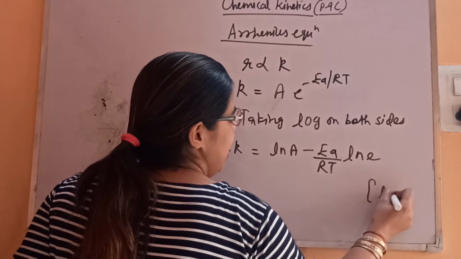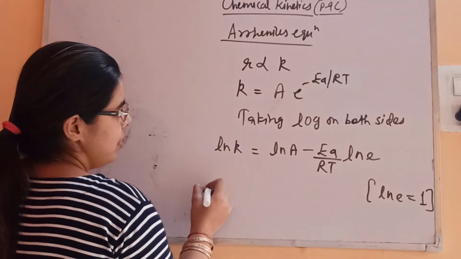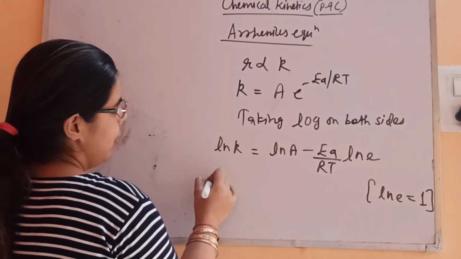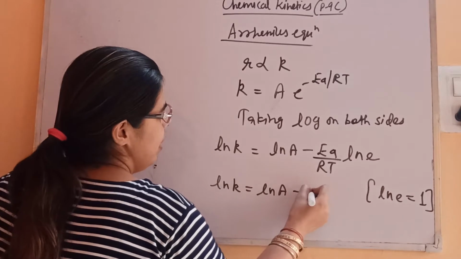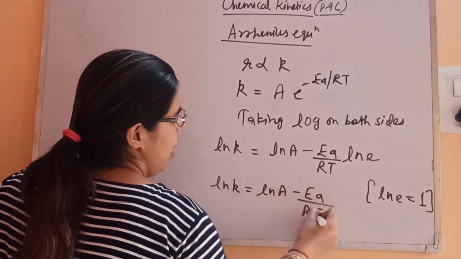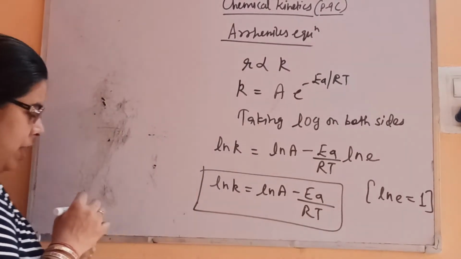And we know that ln e is equal to 1. So this is ln K is equal to ln A minus EA by RT.